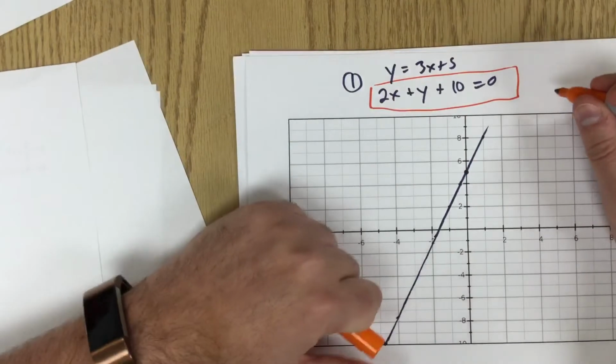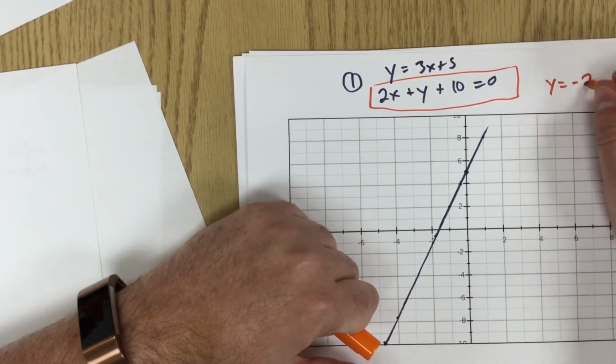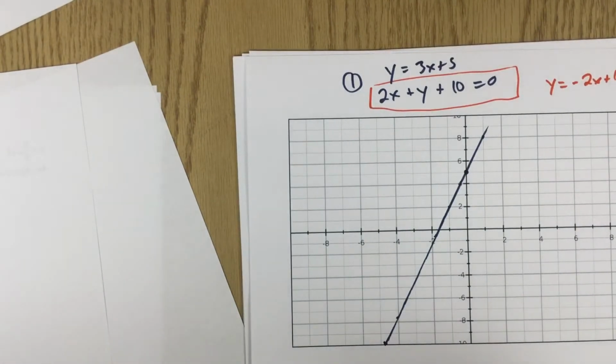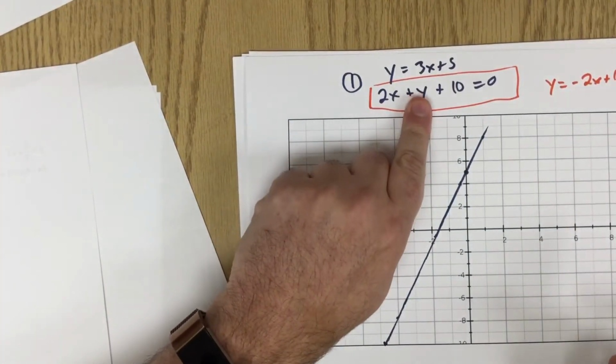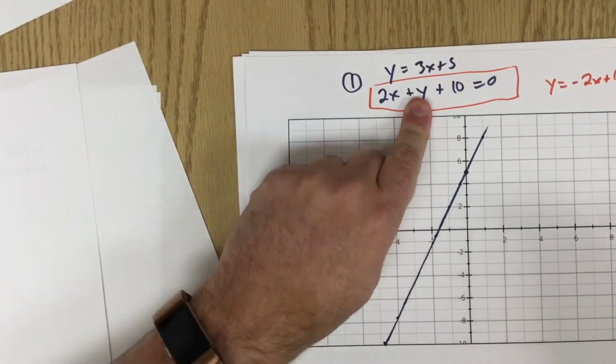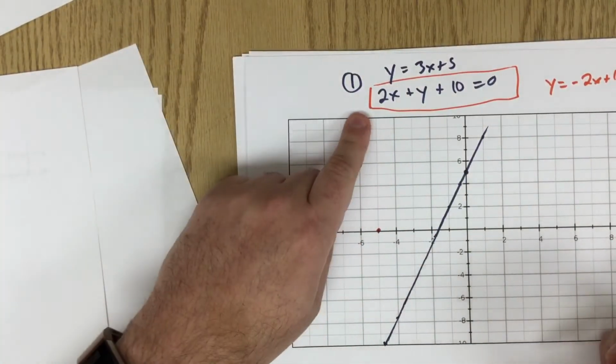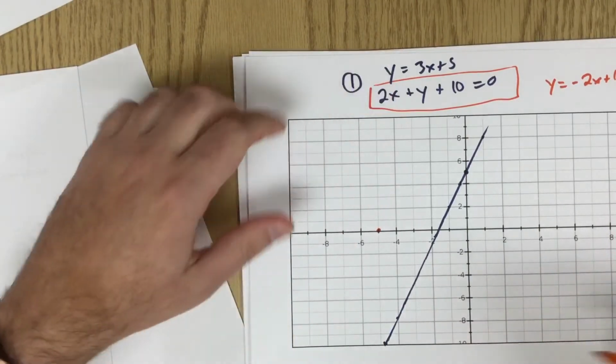you could either move things over, so you could graph y equals minus 2x minus 10, or you could find the intercepts. I'm going to do it with the intercepts. To find the x-intercept, I make y 0, so x is negative 5. To find the y-intercept, I make x 0, so y is negative 10.